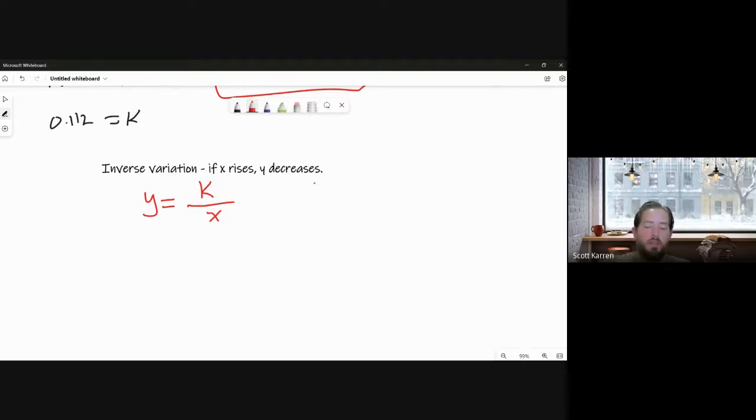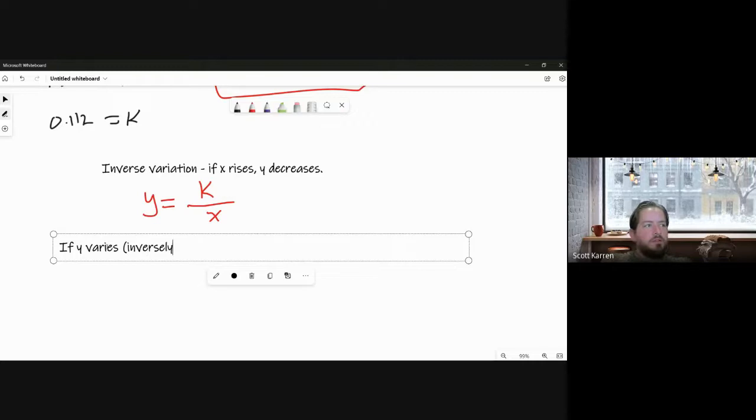So we might be asked a question like this. If Y varies, and they can say either inversely or indirectly. Those two, not exactly synonymous, but a lot of books will use indirect variation. I don't like it so much. Typically inverse is what you see.